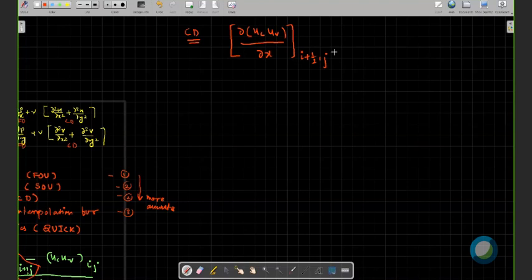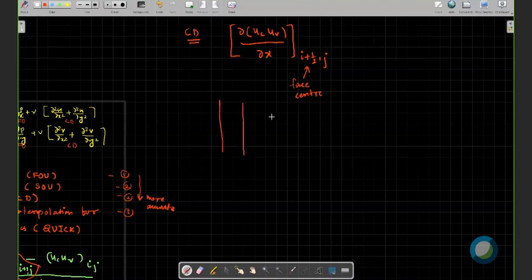It is i plus half, j, which means this is a face center. So a face center can be represented by any i, j index, as per our grid, which we have taken.